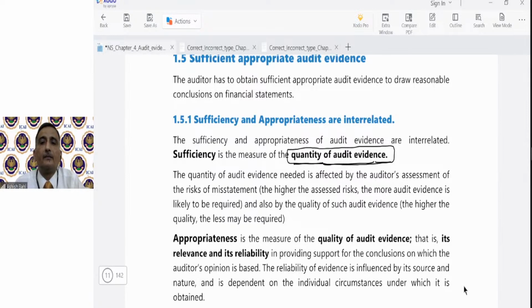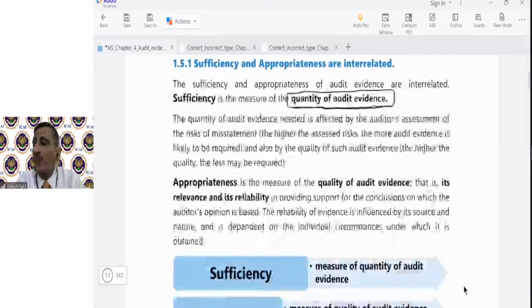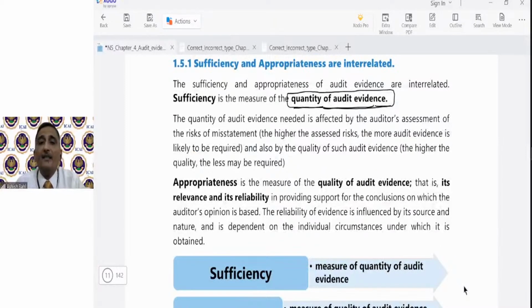Okay. And what is appropriateness of audit evidence? Appropriateness means it is a measure of quality of audit evidence.